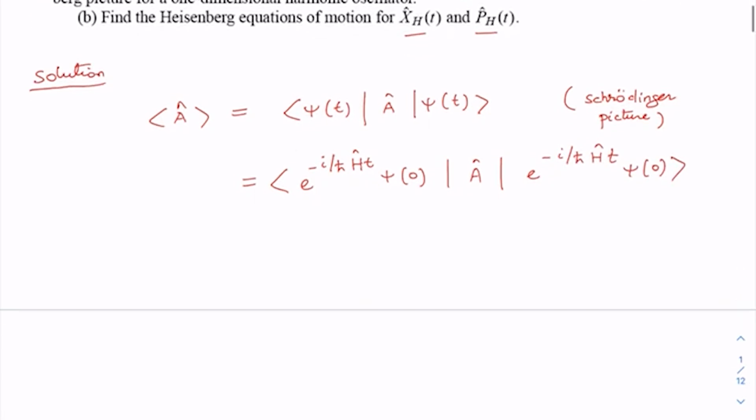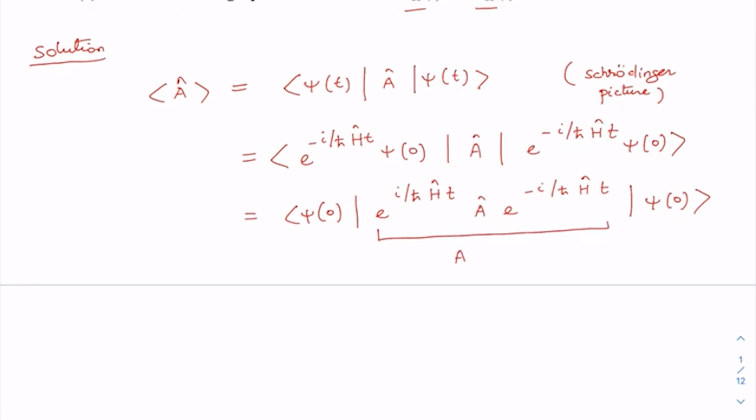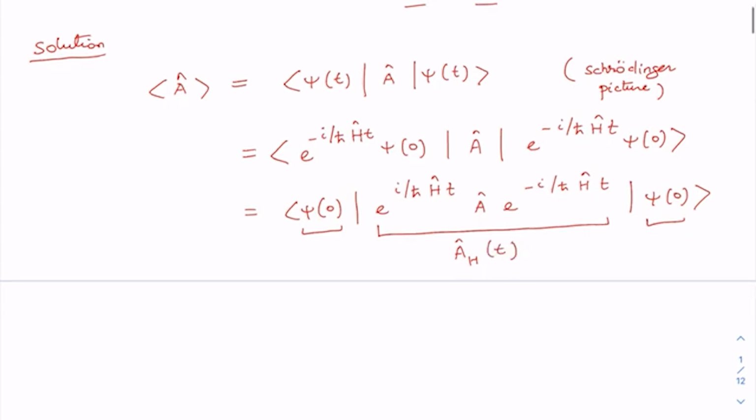This I can write as psi of 0, and I can have here e to the power plus i by h cross H t, A, e to the power minus i by h cross H t, psi of 0. Now you see, if I define this as my new operator, where time dependency is now coming into the operator and the state vector or the wave function is now time independent, right? Now this is the so-called Heisenberg representation of operators.